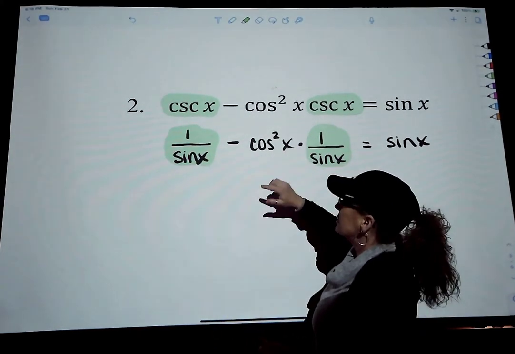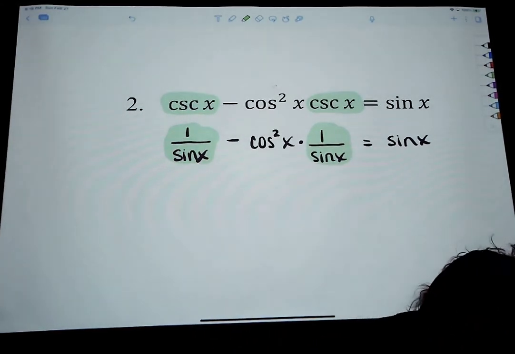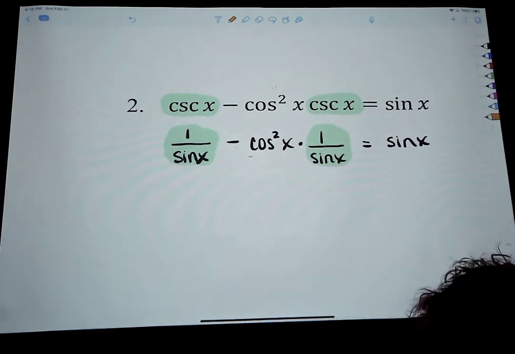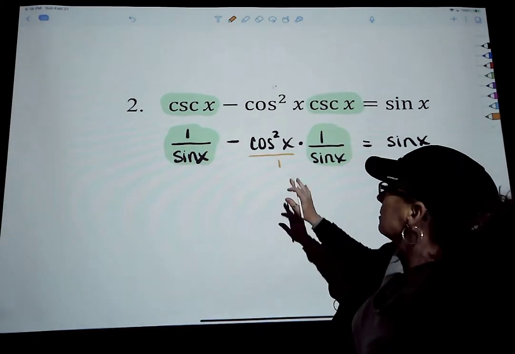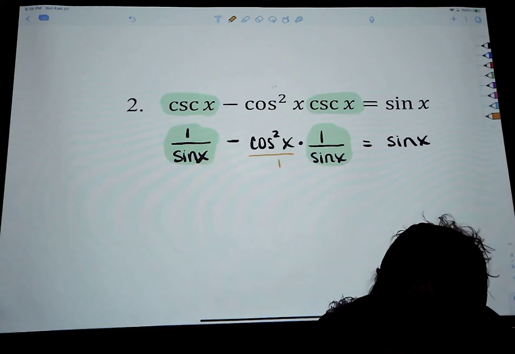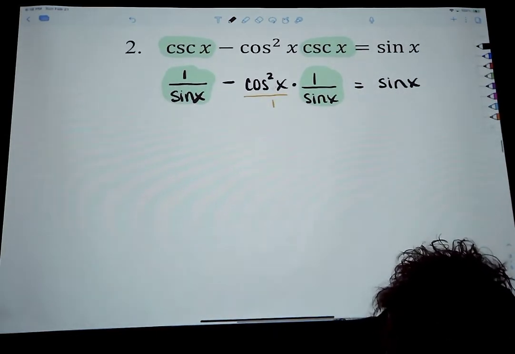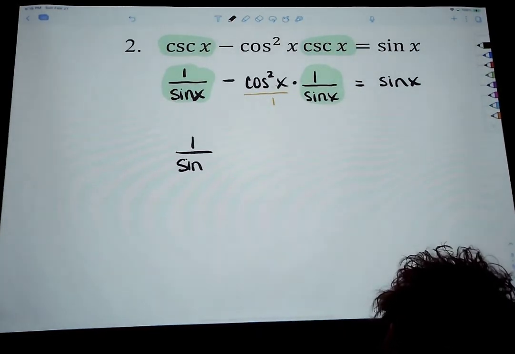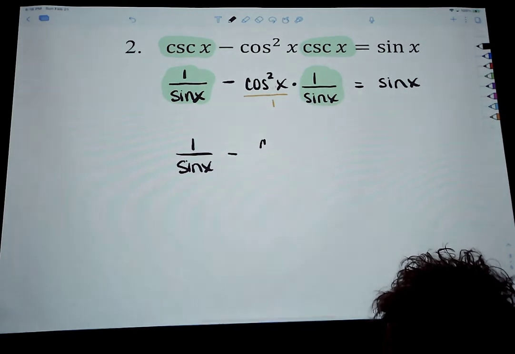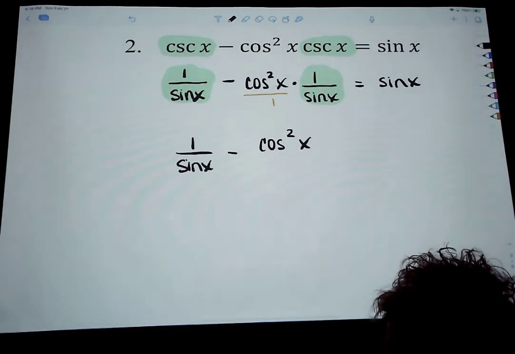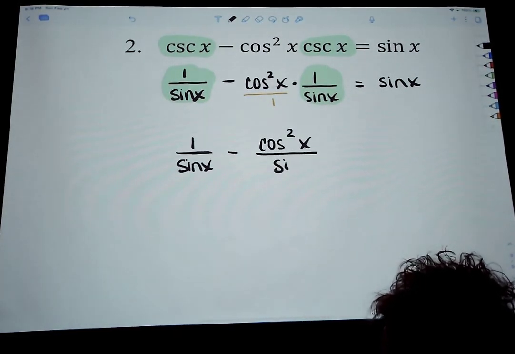This is multiplication. So cosine squared of x, I can consider that over 1, and I'm going to multiply these 2 fractions together. I get 1 over sine, that stays there, minus cosine squared over sine. See what I did?